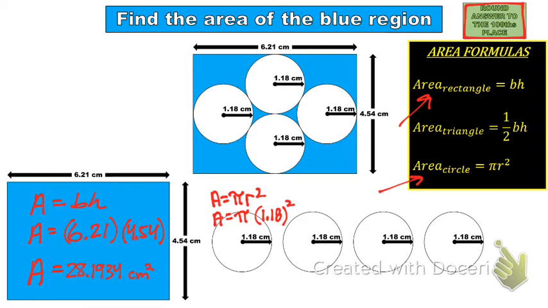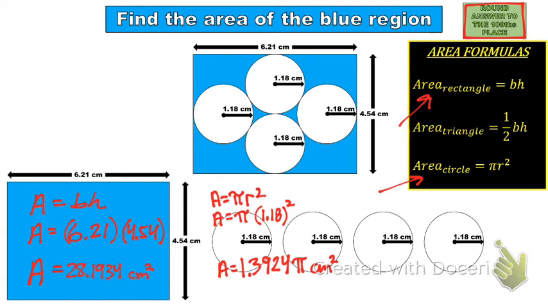And when we put that in on our calculator, our answer comes out to 1.3924 pi centimeters squared.